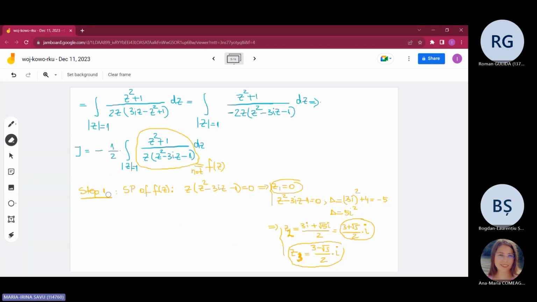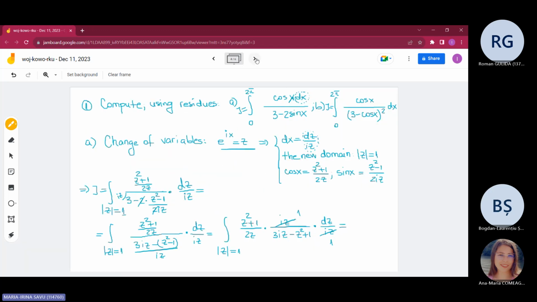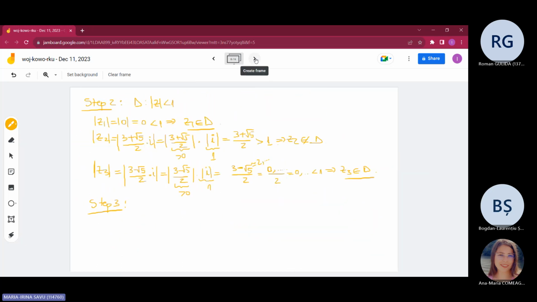At step 3, you must compute the residue of f for the points which belong to delta. But in order to find the residue, you must see what type of points you have. So what type of point is z1 equals 0? What type of point is this one for f?